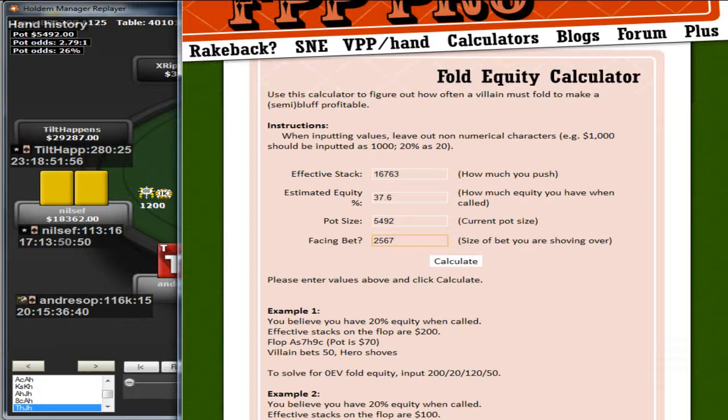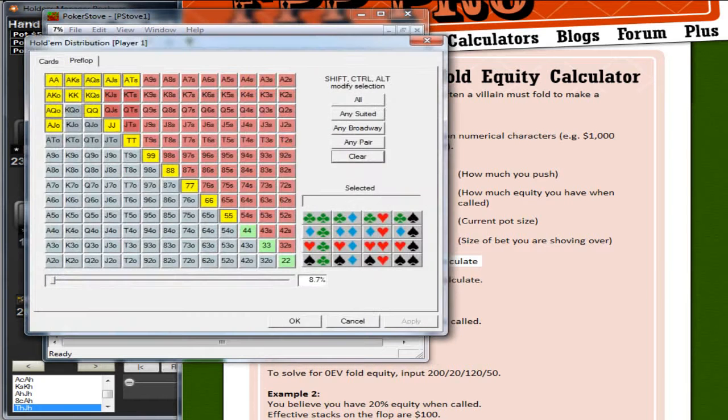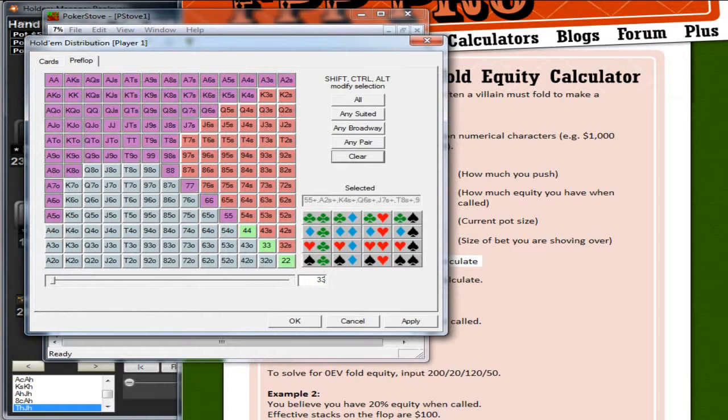Now, once we calculate, we will see how often he should fold for us to show a profit. And remember, he's calling 8.7% of the time, let's say 9% of the time, but he's opening 33% of the time, which means that he's folding, we assume, close to 70% of his opening range.